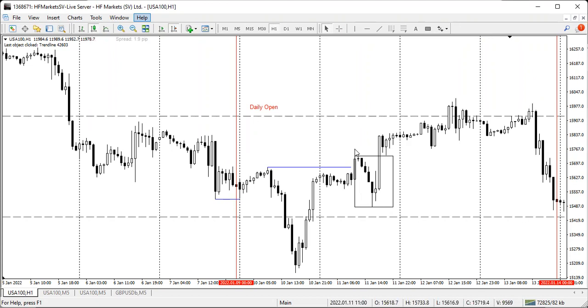So if this market was underlyingly bullish and we had purge and revert, once this breaks up, we're looking for continuation moves inside here to go higher. So let me say that again.